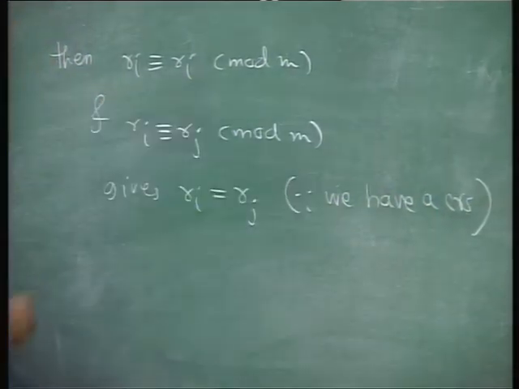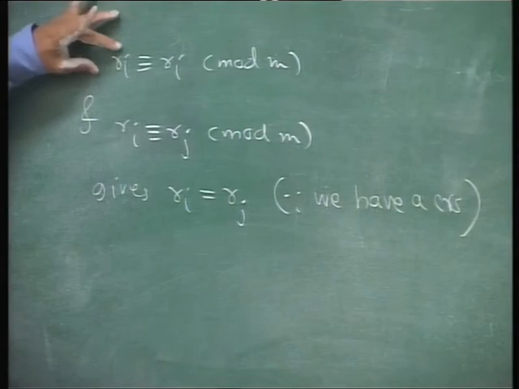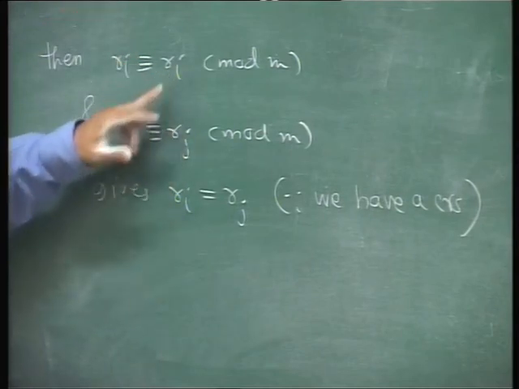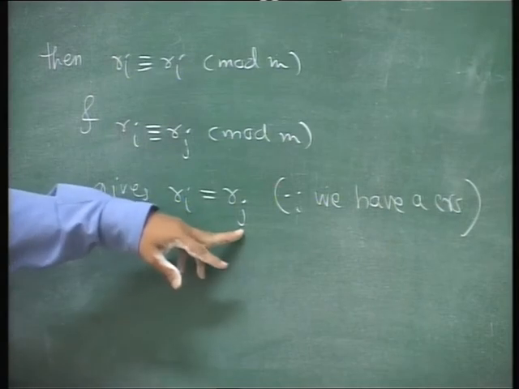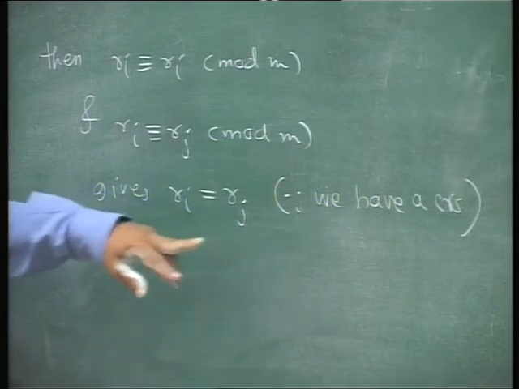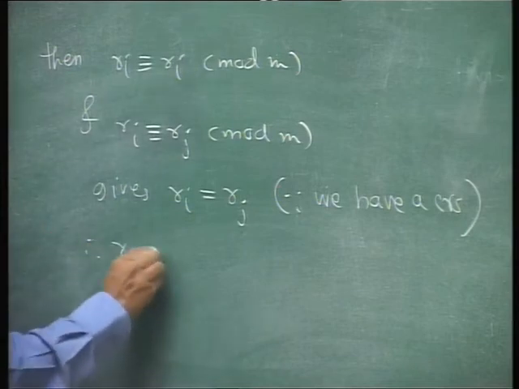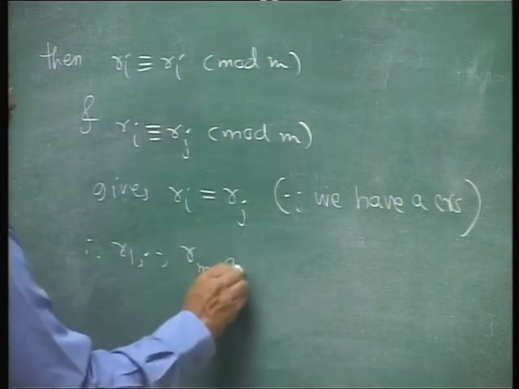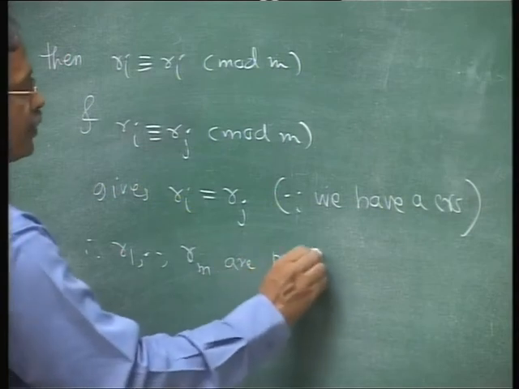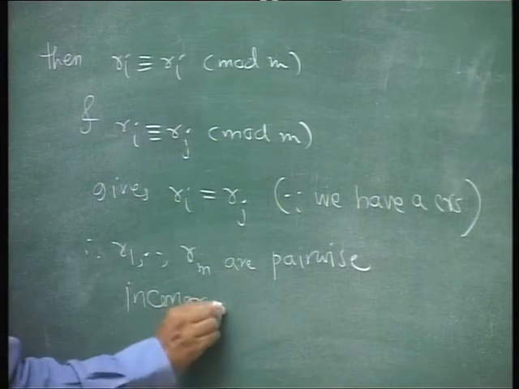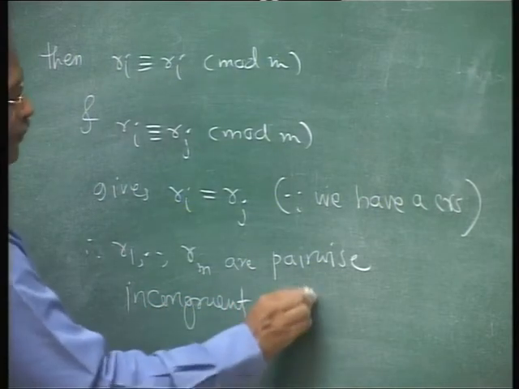That is uniqueness. Ri is an integer, it is congruent to Ri as well as Rj, but there is uniqueness, therefore Ri must be equal to Rj. This proves the second property, that R1, R2, Rm are incongruent modulo m. If they are congruent, they must be equal. Therefore, R1, R2, Rm are pairwise incongruent mod m.